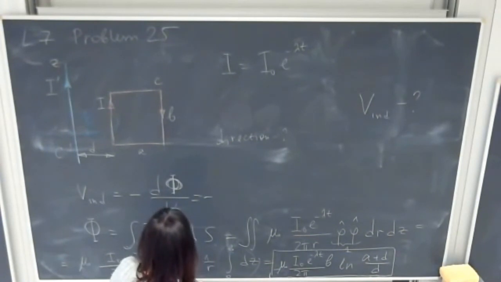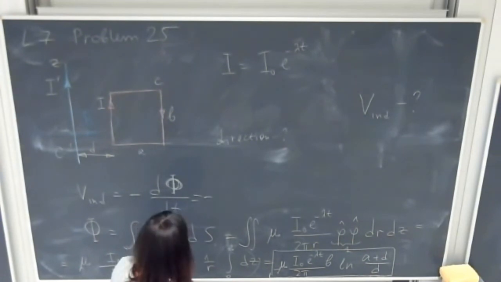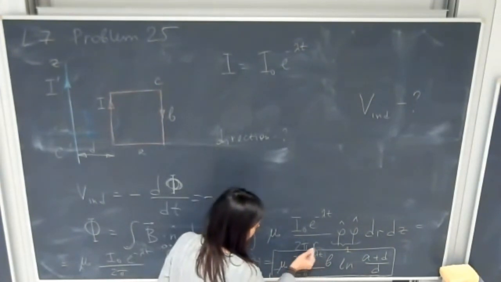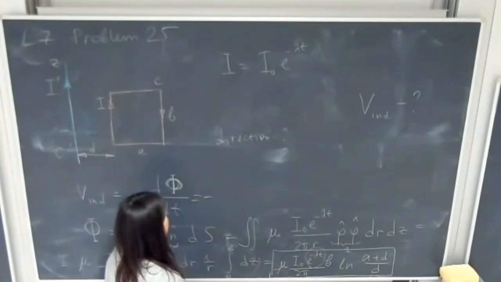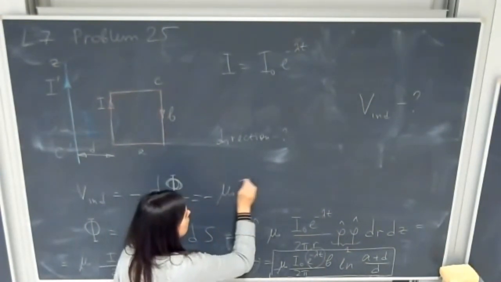So it should be the time derivative of the flux. So what is time changing? Everything is constant besides this exponential. So let's write the constants first.